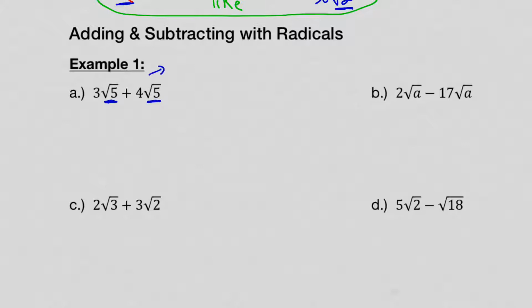So this one here is similar to 3x plus 4x. And we would say this is 7x. Well, here we have radical 5 as our like factor here. So we're just going to be adding 3 plus 4.